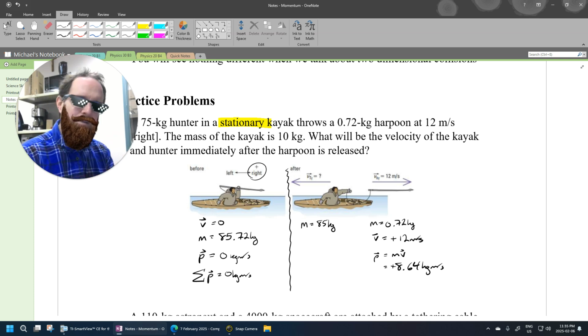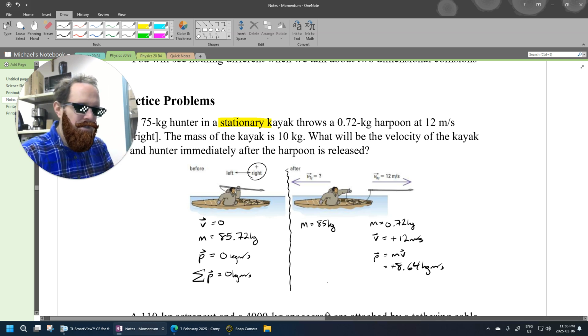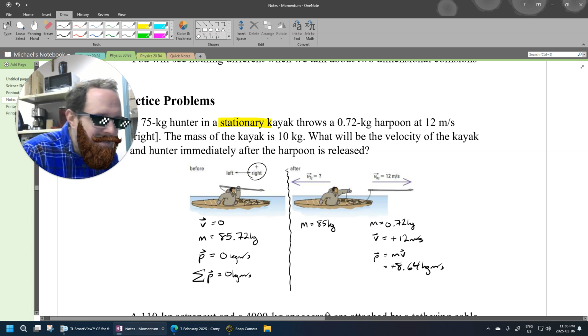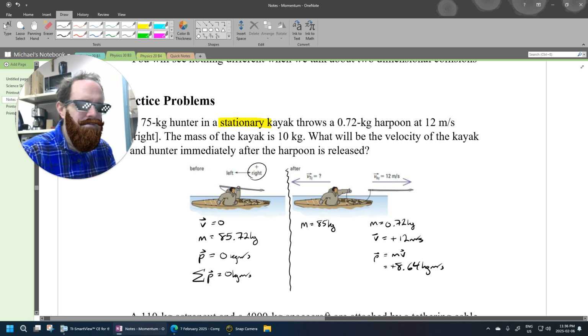If you want to be a little bit more mathematical about this, you can say that if I add, this is TF, and this says HF, harpoon final, and this is total final, VT. So this is the harpoon, and the one that we're looking for here is T, because I don't know that one.